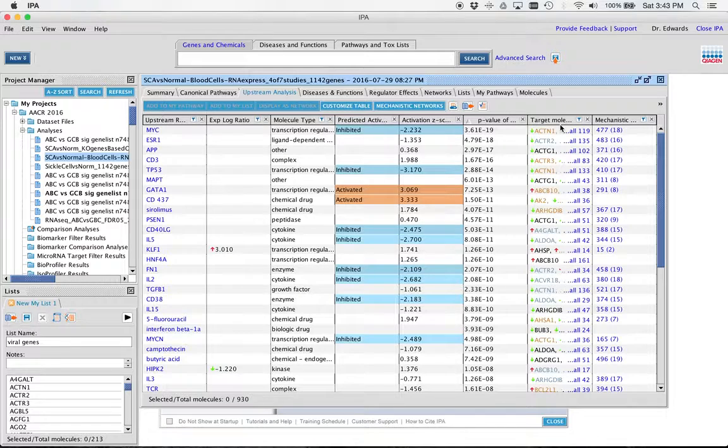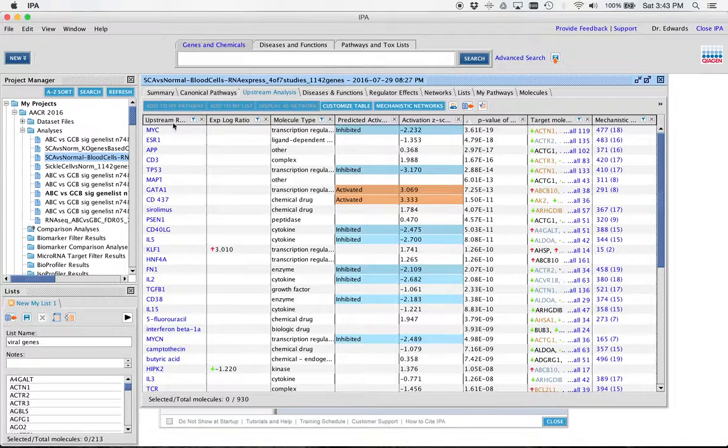The odds of getting all those targets of MYC by random chance is 4 times 10 to the negative 19th. Not only that, but based on the direction of these 119 targets and what this database knows about it, it's saying that MYC is most likely inhibited in these sickle cell individuals.